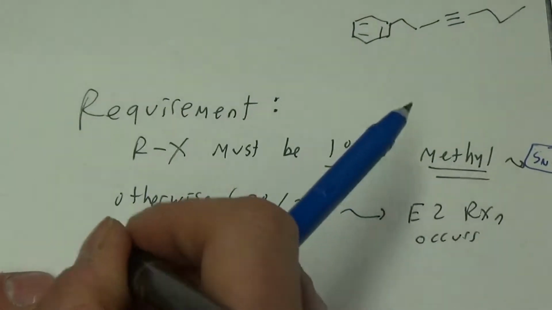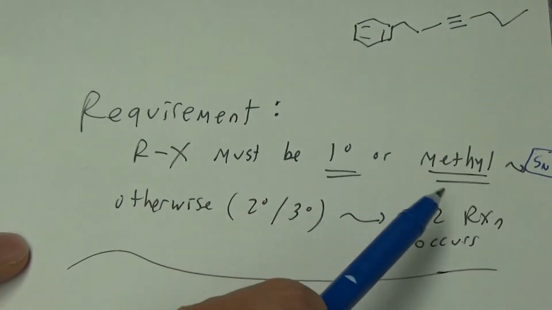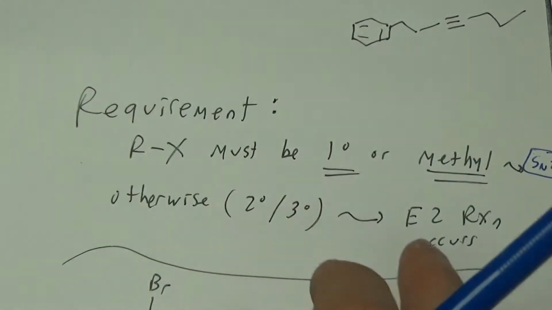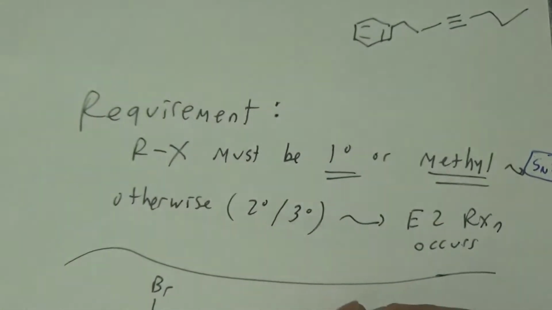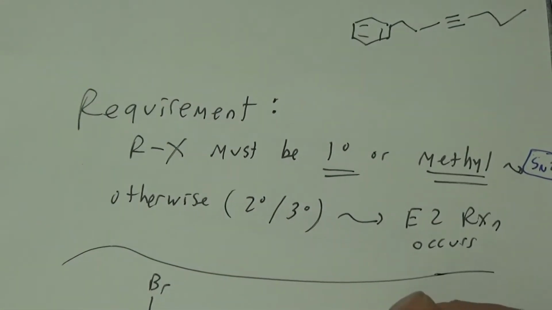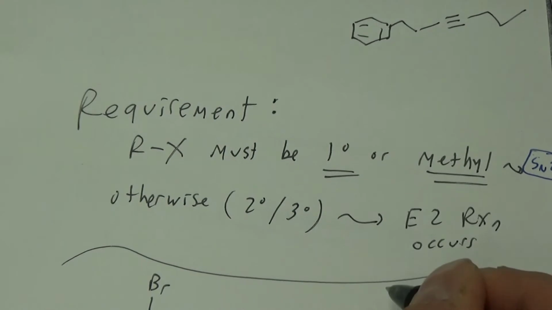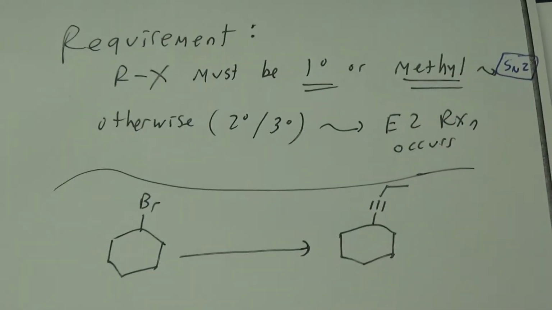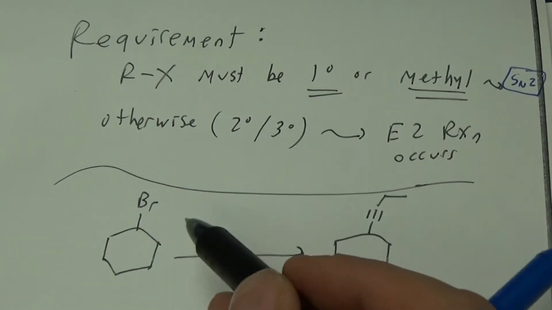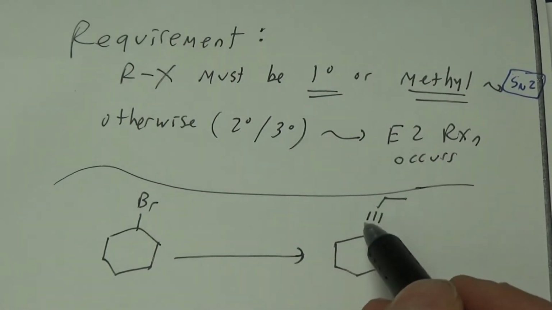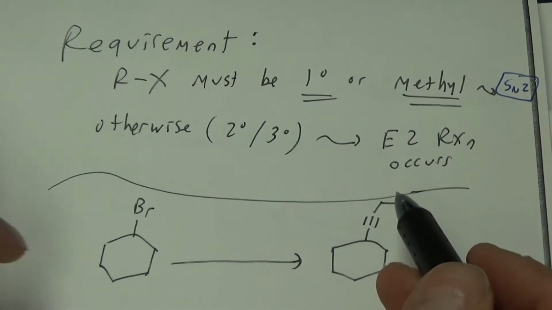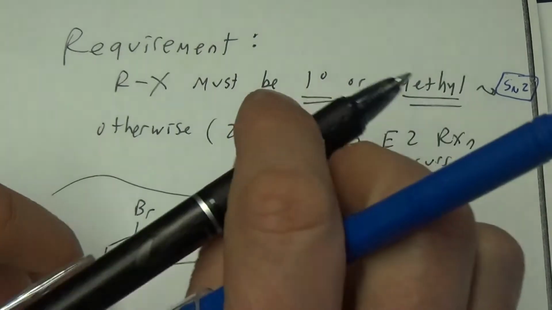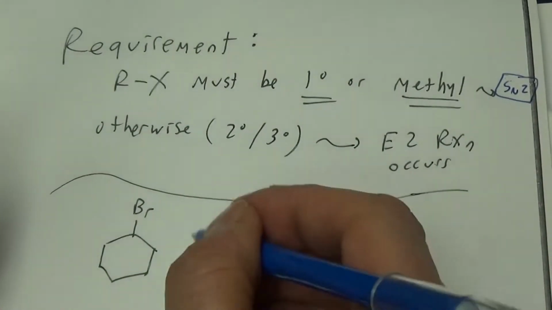So as an example, if I have bromocyclohexane, and I really want to make this molecule, all I want to do is kick off that leaving group with this butynyl anion. There's 4 carbons, right?